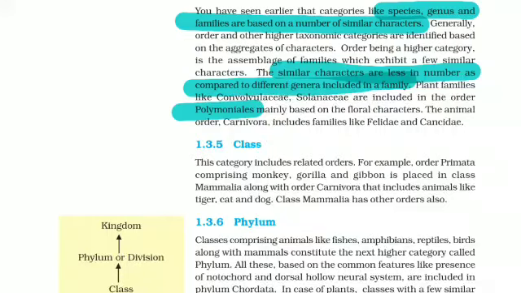Convolvulaceae is a climber family that has flowering plants, for example sweet potato or any other species that belong here.